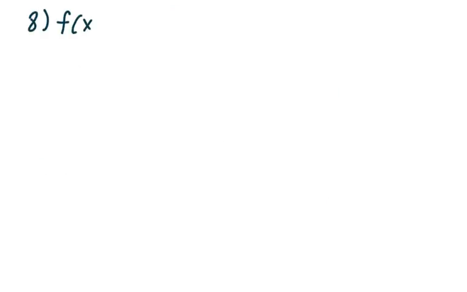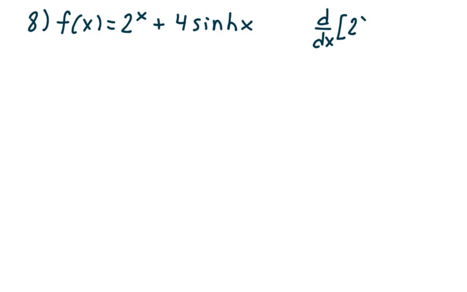Suppose f(x) = 2^x + 4 sinh x. Now, let's make sure we remember the derivative of 2^x with respect to x is equal to 2^x times the natural log of 2.